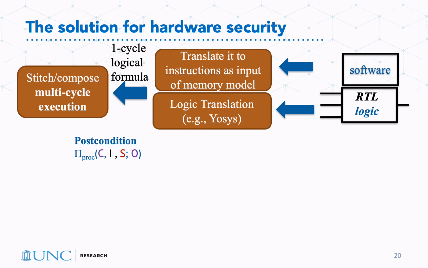The translation will generate the logical formula for one cycle state transition and the initialization logic. Then I can incrementally compose the formula for multiple cycle execution with reasonable simplification by stitching the transition logic cycle by cycle.